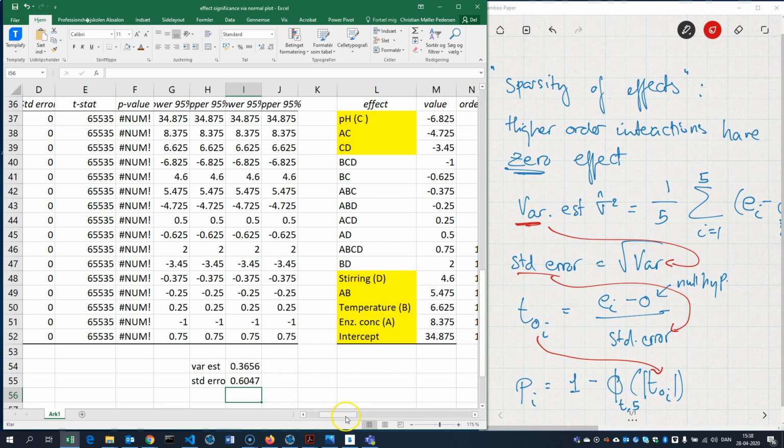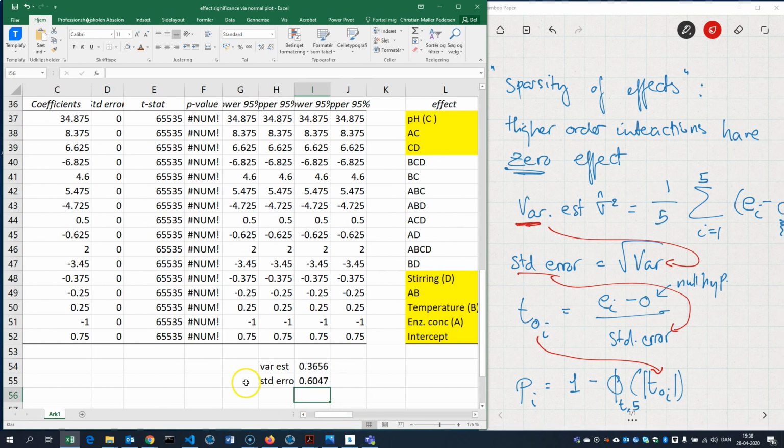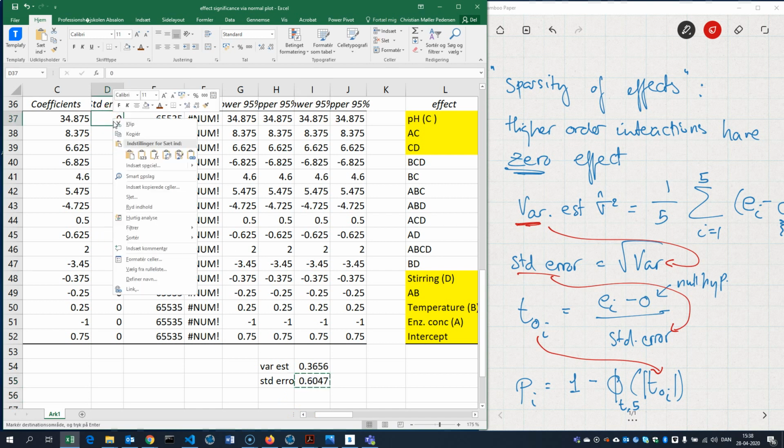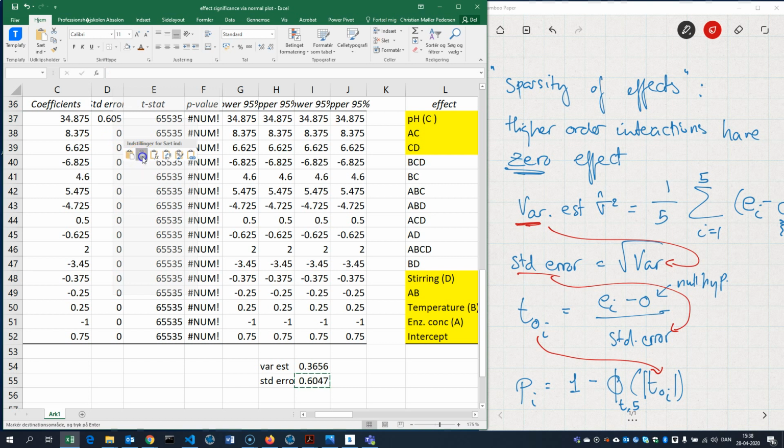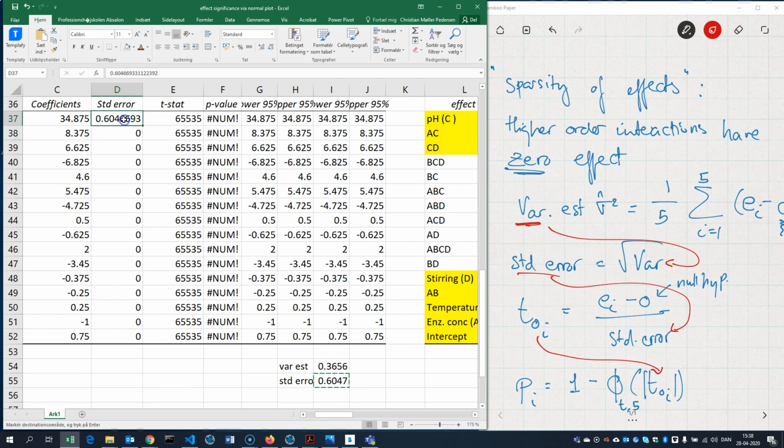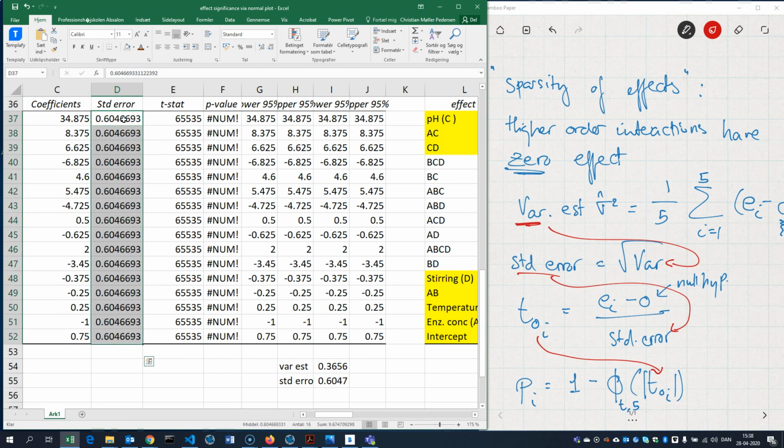So I'll just copy that to this row here. I'll take a copy and insert just the number, not the formula, like that, and copy that all the way down here. So it's the same standard error for all the coefficients here.